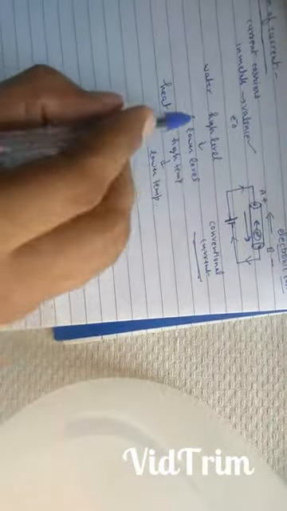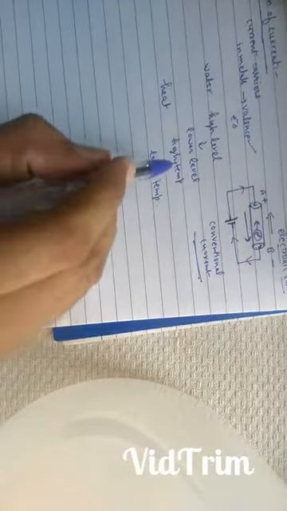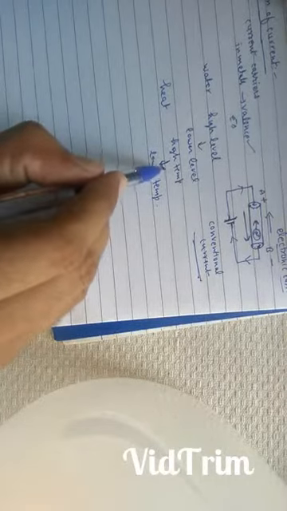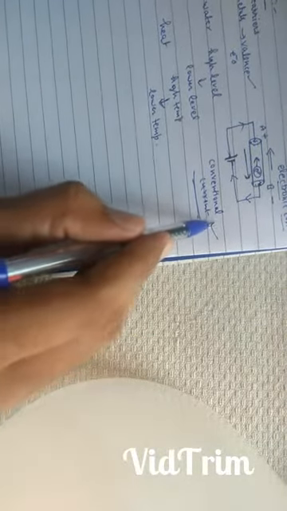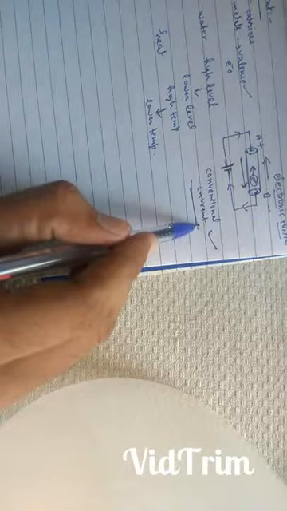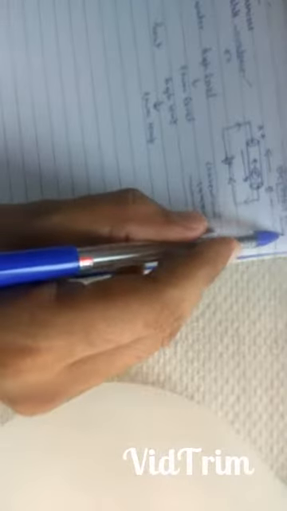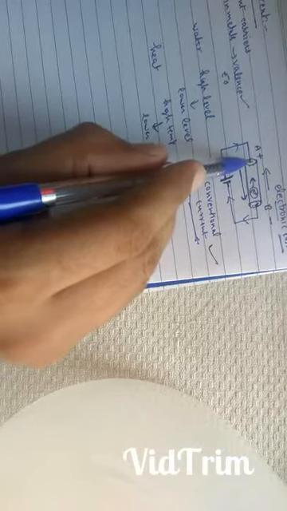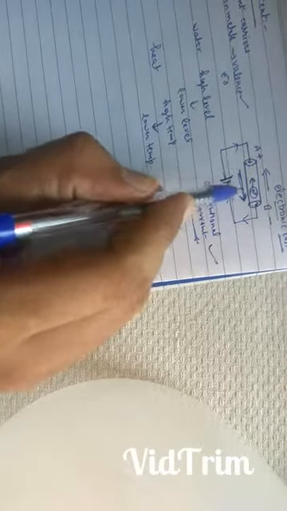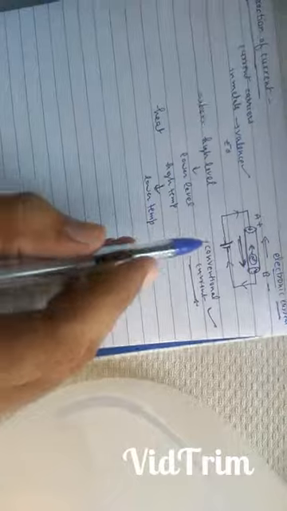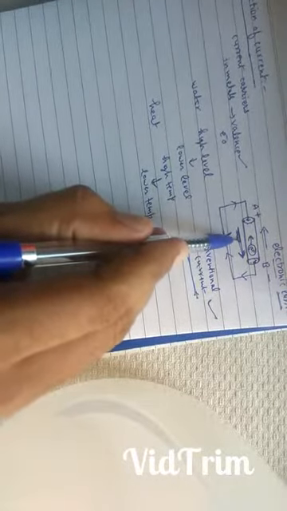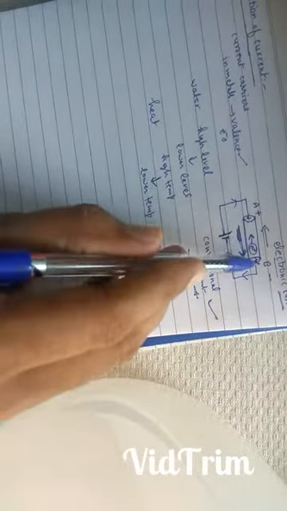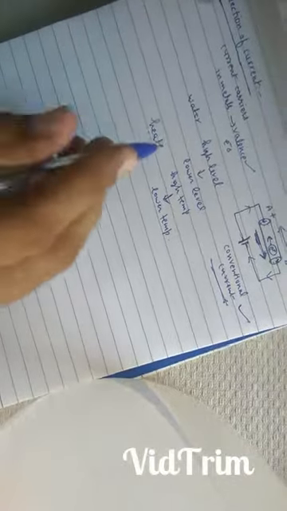But water always flows from higher level to lower level, and heat flows from higher temperature to lower temperature. To maintain this convention, we define a conventional current which is equal and opposite to electronic current. This conventional current flows from positive end to negative end. In all our discussions, current will only mean conventional current.